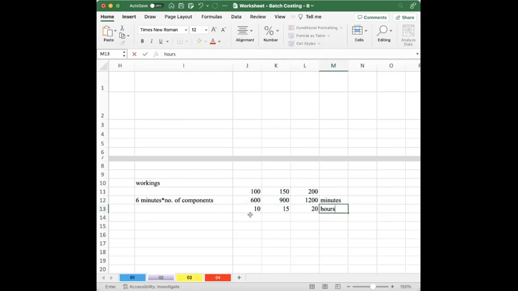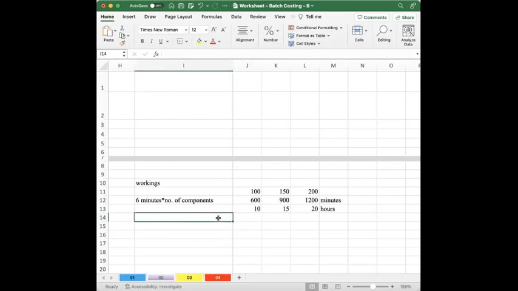So totally 400 components, it will require 10 hours. Totally 450 components, it will require 15 hours. So what we did was, since we got the values in minutes, we converted it into hours by dividing total minutes by 60 minutes, then you get the hours.